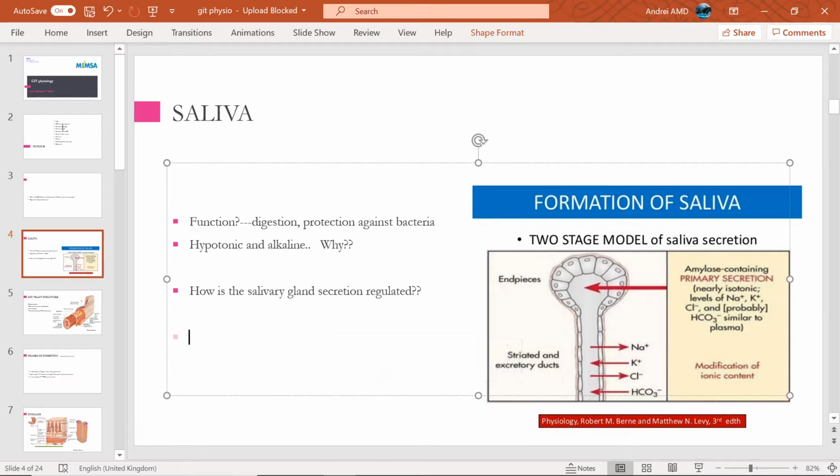So I think I should say it again. The salivary gland secretion regulation is by the higher cortex, from whatever you're feeling, whatever you're seeing, either positive or negative. It stimulates the salivary nucleus in the medulla oblongata. A lot of nuclei are in the medulla oblongata, these very essential things that you do in everyday life.